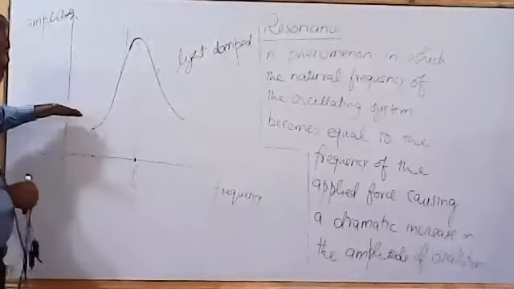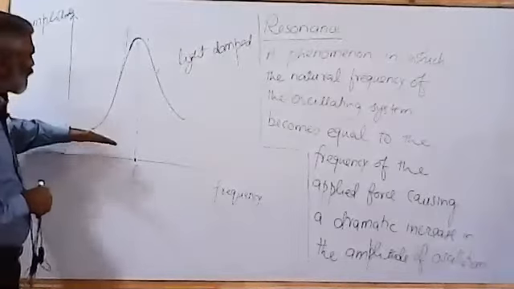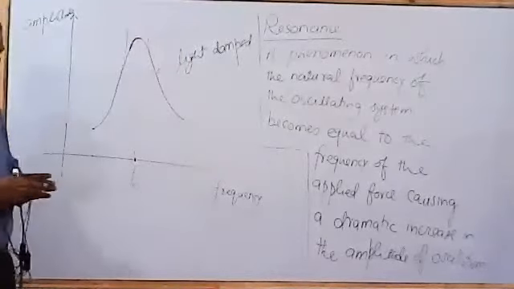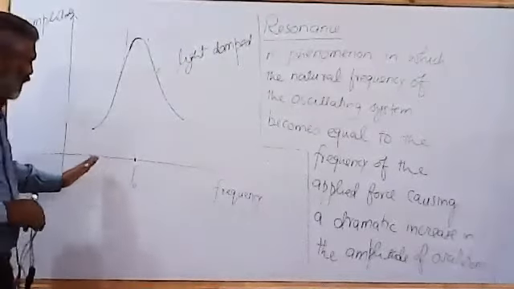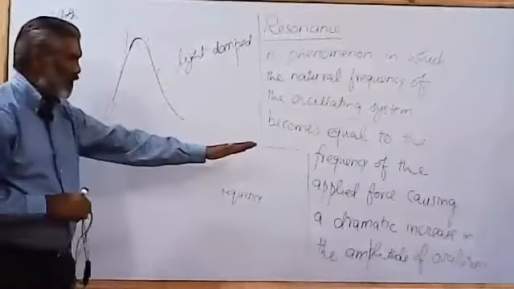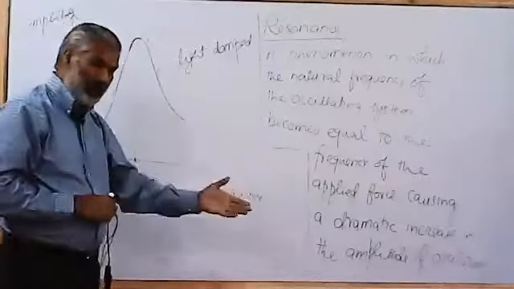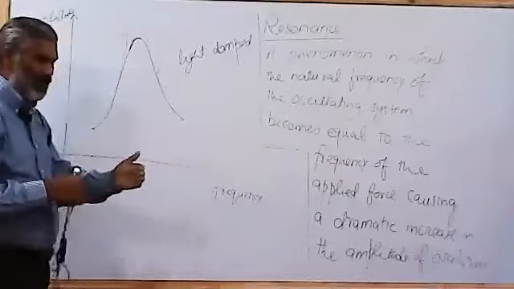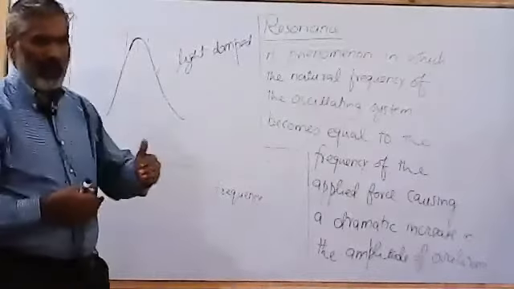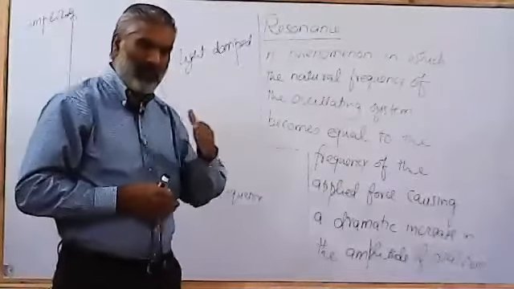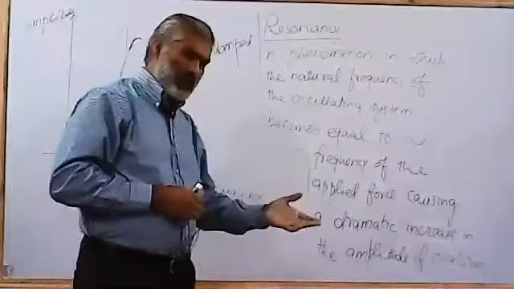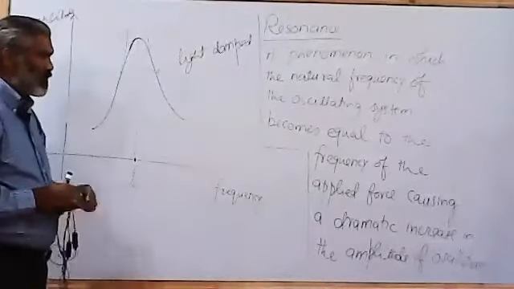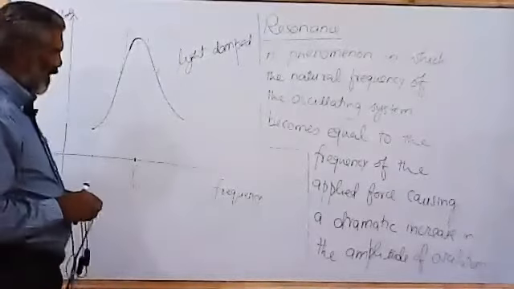So even if the amplitude has gone dramatically to a large value, the system has not collapsed. And as we go on increasing the frequency of the periodic applied force, the amplitude starts decreasing again because there is a mismatch between the natural frequency of oscillation of the system and the frequency of the applied force that we are applying.